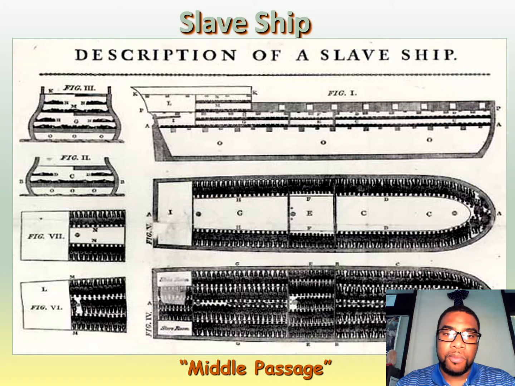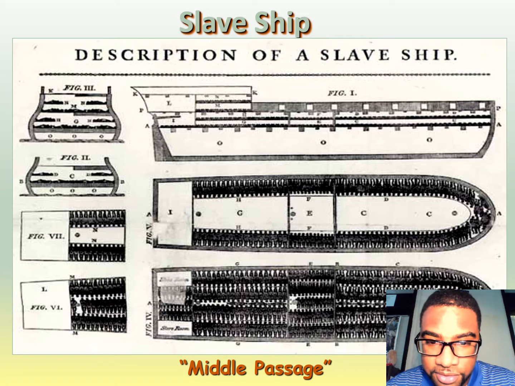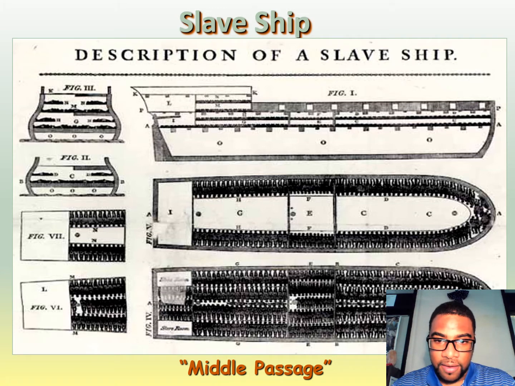Slave ships. This is a description of a slave ship, and as you can see, this is how they carried or how they placed people onto these ships. As you can see on that third and final picture at the bottom of the ship, they had them in some cases horizontally laid down on the ground, laid down in the depths of the ship, and that's how they transported people.